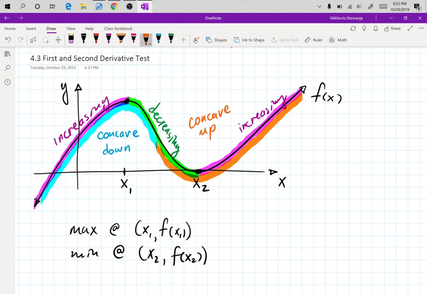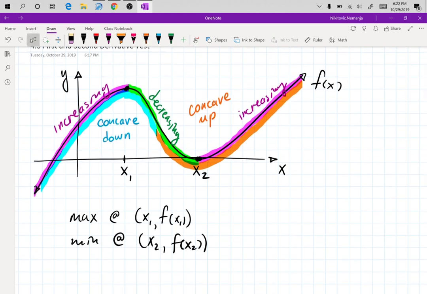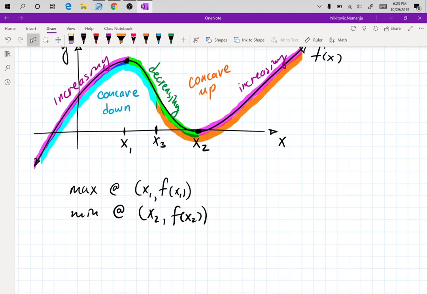All right, so you have a whole bunch of these colors, and I hope that you can follow the color coding. I forgot to put in a value, call it x3.